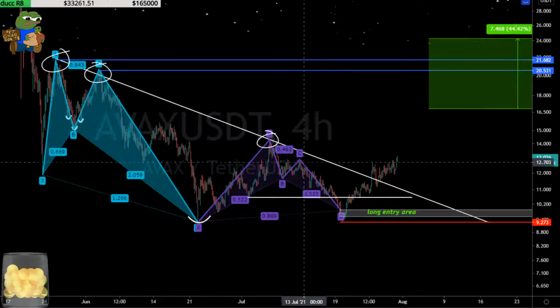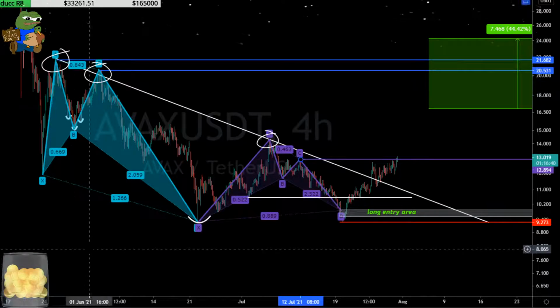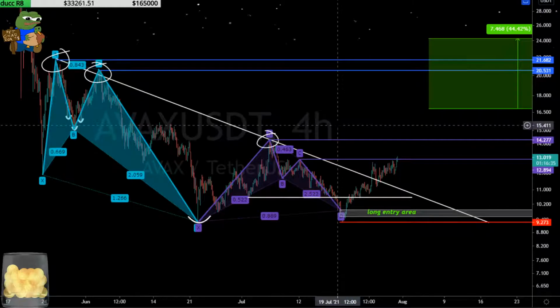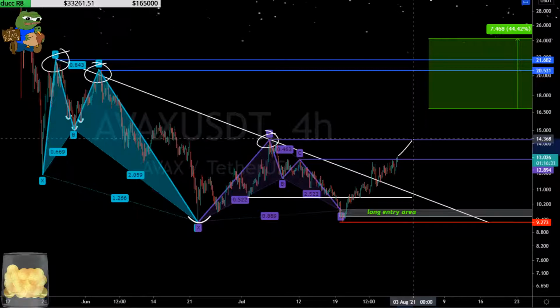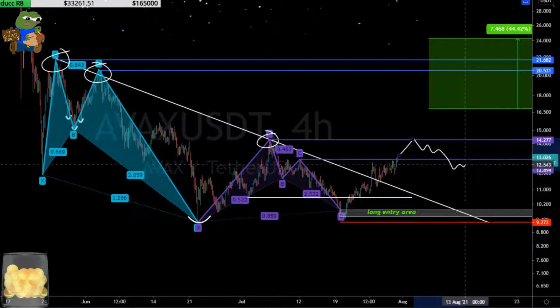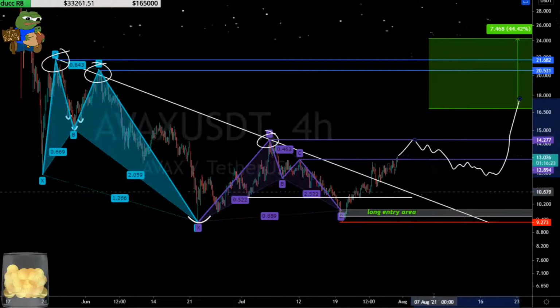So now you have the C, which you're there right now, okay, and then you have the previous A. Okay, so right in here, odds are you rally up one more, put in one more little high, okay, and then you get this partial decline, something like this, right?